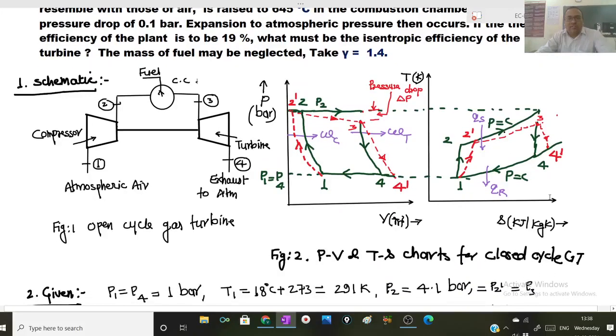Now the processes, ideal and actual, taking place in the open cycle gas turbine are represented on PV and TS charts for this open cycle.